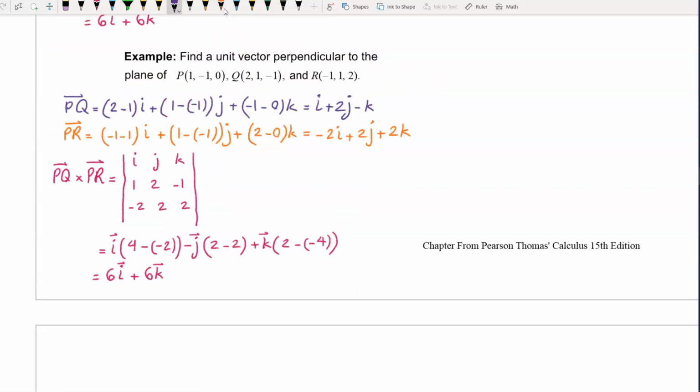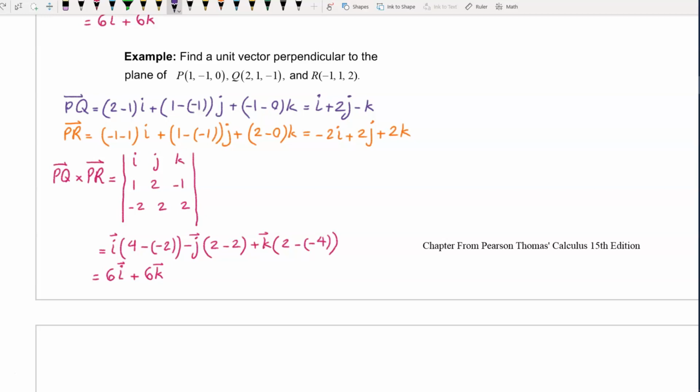So here again, PQ is equal to 2 minus 1 i plus 1 minus negative 1 j plus negative 1 minus 0 k. So the result was i plus 2j minus k. And what we had for PR was equal to negative 1 minus 1 times i plus 1 minus negative 1 times j plus 2 minus 0 times k equal to negative 2i plus 2j plus 2k.